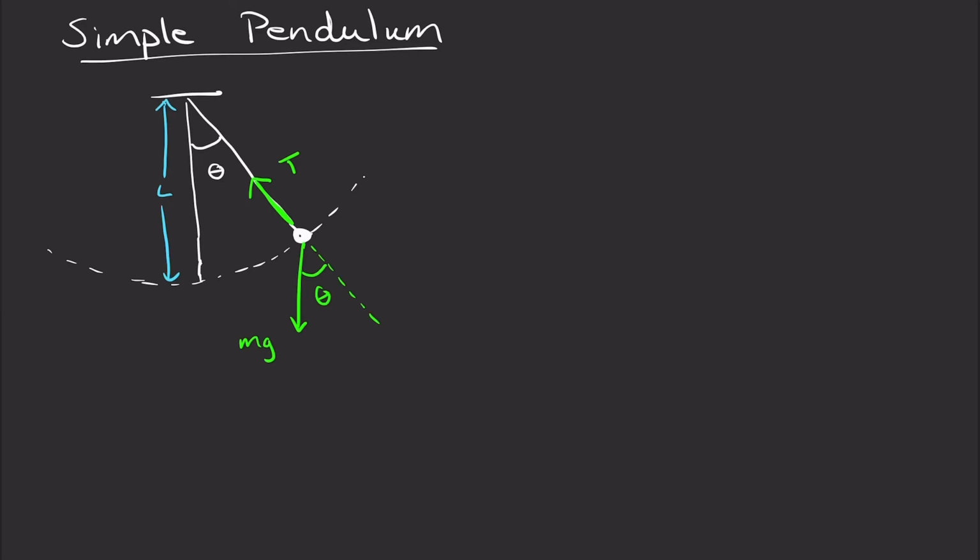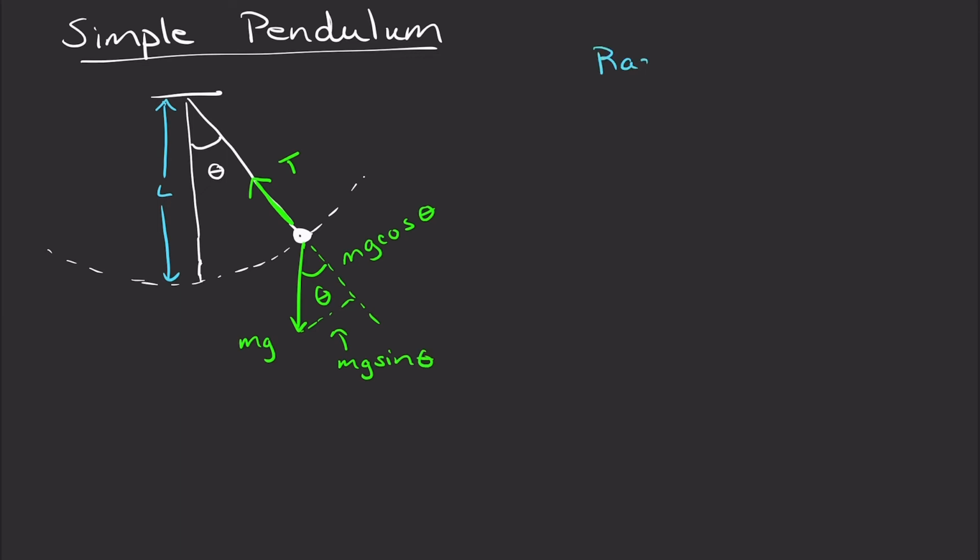And so you can break this into a right triangle. So if we connect it back this way, then this is going to be mg cosine of theta, since it's the adjacent side, and this will be mg sine theta.